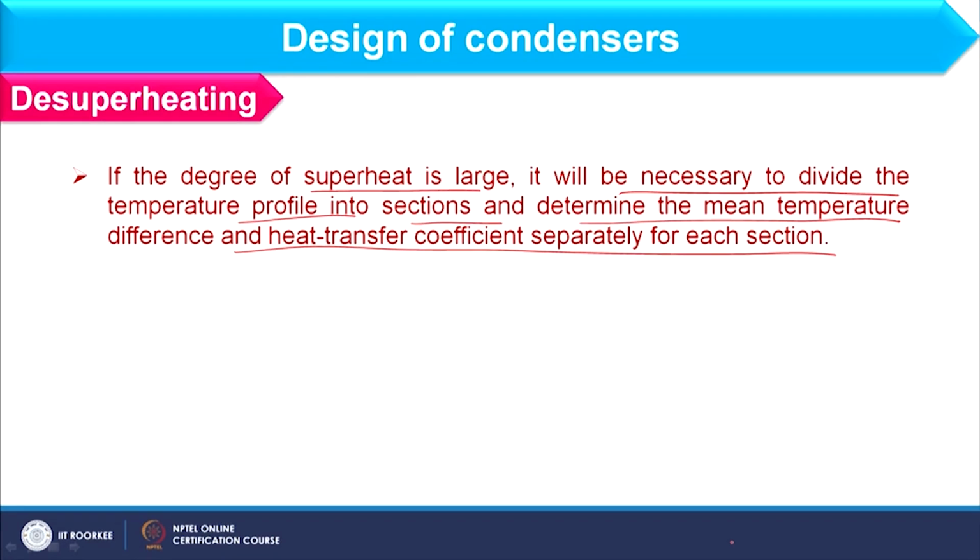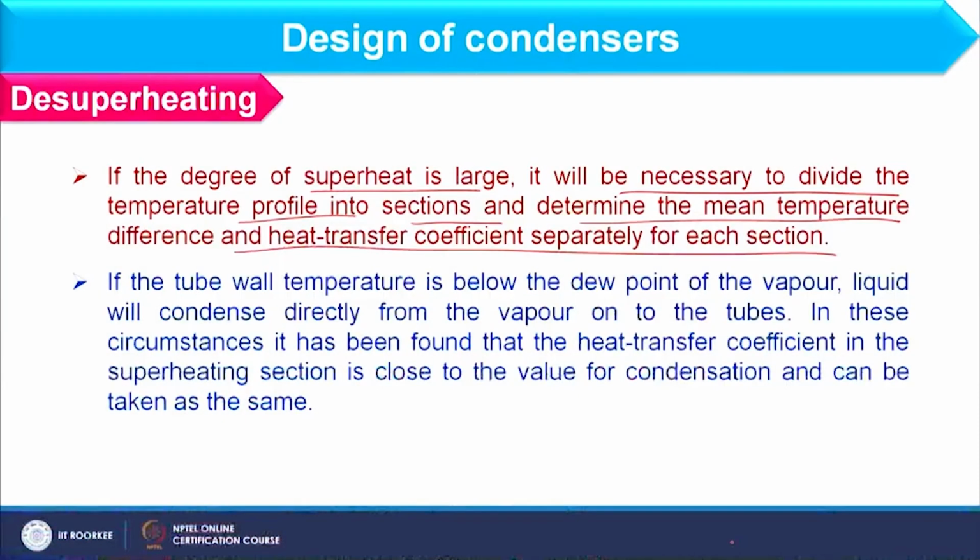So, if the degree of superheat is large, we have to consider the design of the de-superheater and condenser separately. We have to find the temperature difference and heat transfer coefficient in these sections separately, and then club them based on wetted heat.